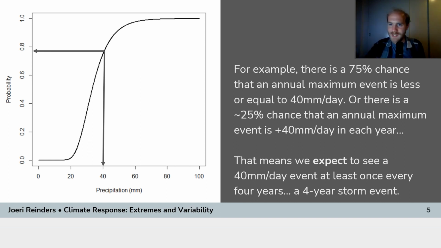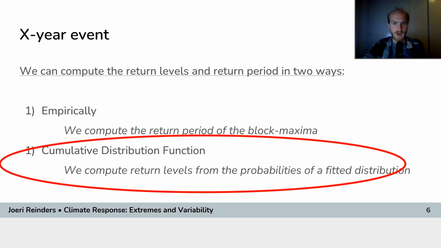That 25% means that we expect it to happen at least every 4 years. So 40 millimeters a day is our 4-year event. We have just computed return values and return periods from our cumulative distribution graph. And again, that graph is based on a parameter estimation from our data set. So this is the method that we are going to discuss.